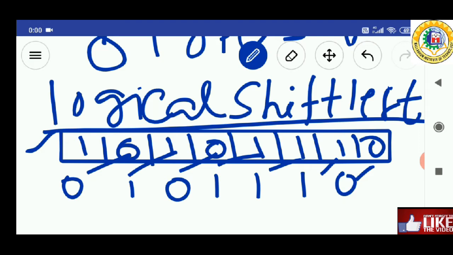Okay, and in the last position we have put 0. So that is the meaning of the logical shift.